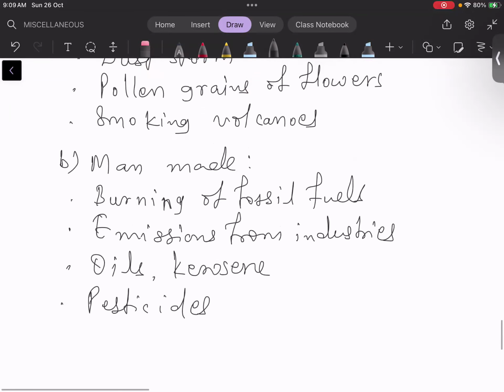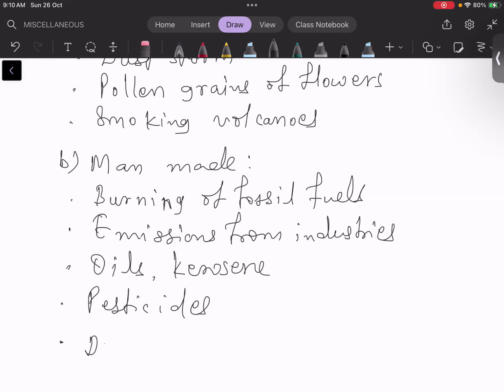What is a pesticide? Generally pesticides are agrochemicals. They are used to kill pests, and they are sprayed on the crops. Then sewers and domestic drains emit a foul smell.